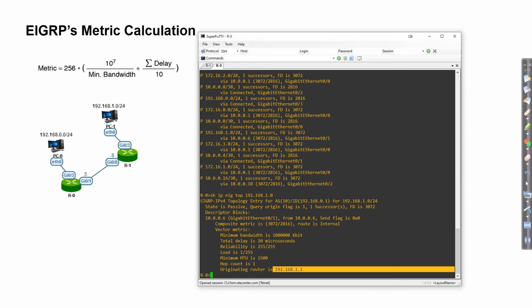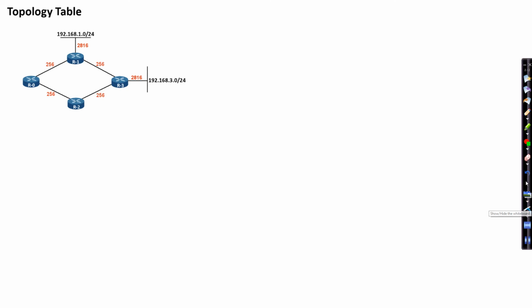Now let's head on over to the topology table where we take a look in detail at how router 0 built its entire topology table. Here I will be focused on router 0 and the 192.168.1.0 and 3.0.